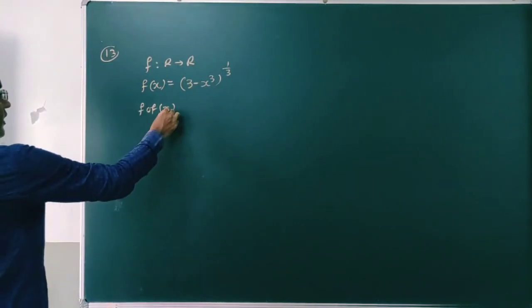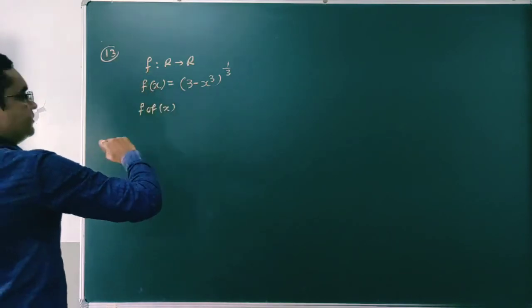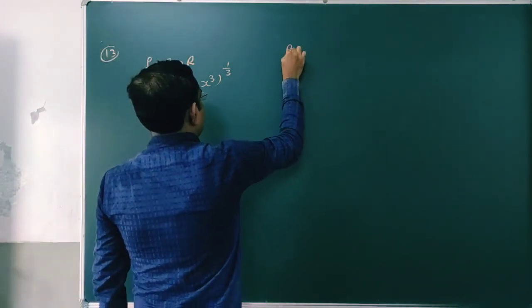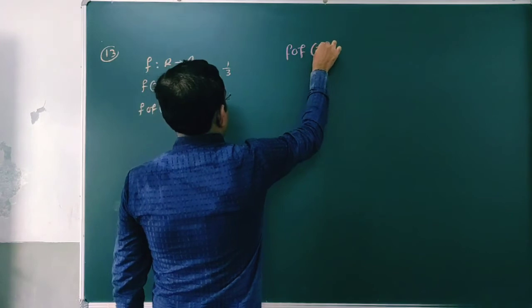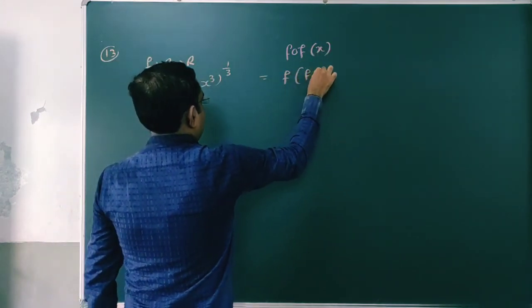तो f of f of x की वैल्यू फाइंड करनी है, तो चलो देखते हैं. f of x, what is x? x is the element from the domain of this function f. So here let's say f of f of x.